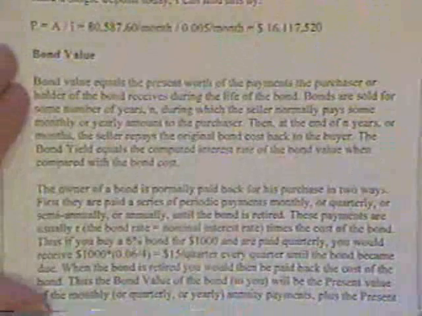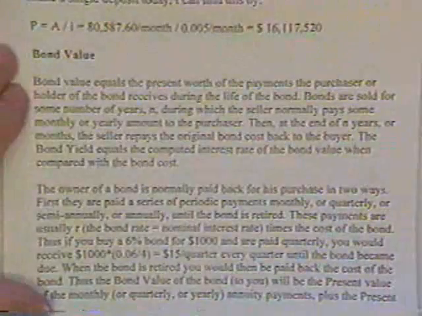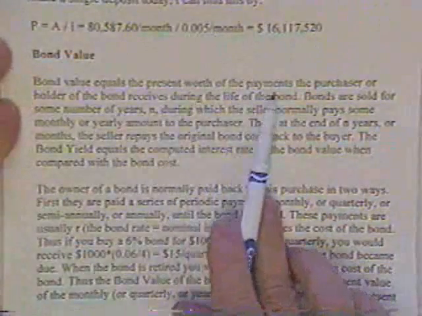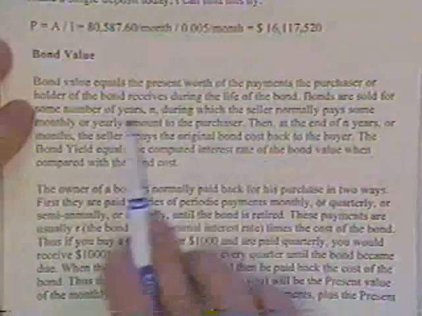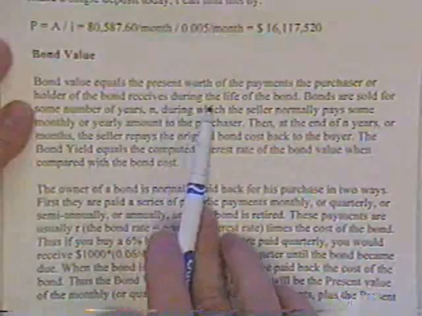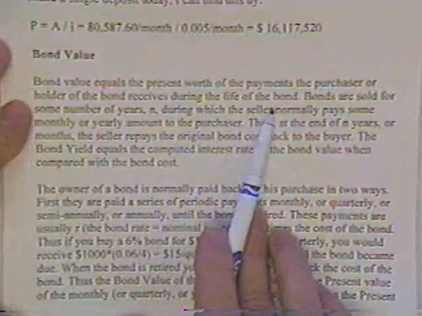All right, now, bonds. A bond value is the present worth of the payments that the purchaser or the holder of the bond receives during the life of the bond.